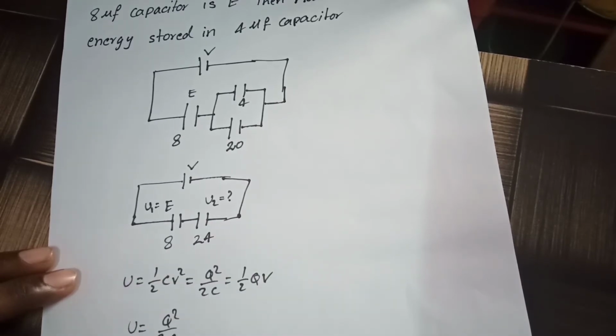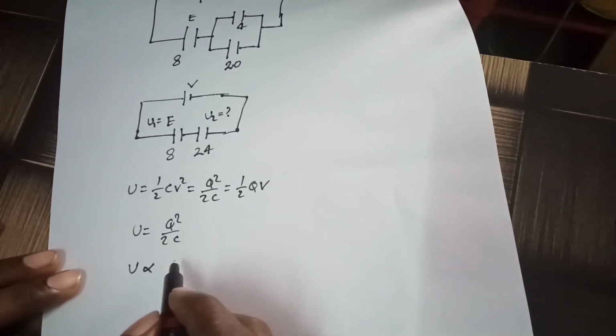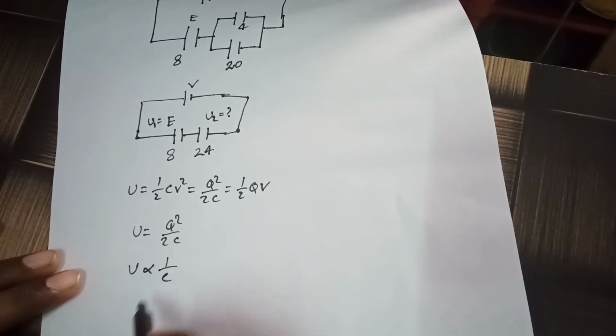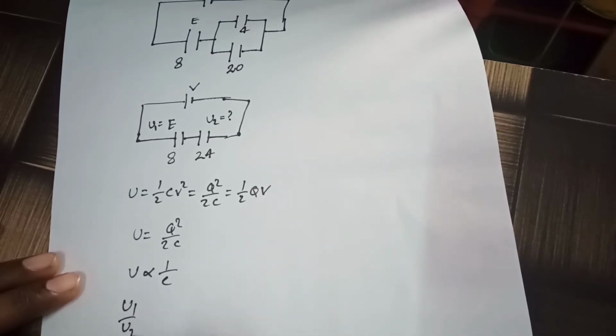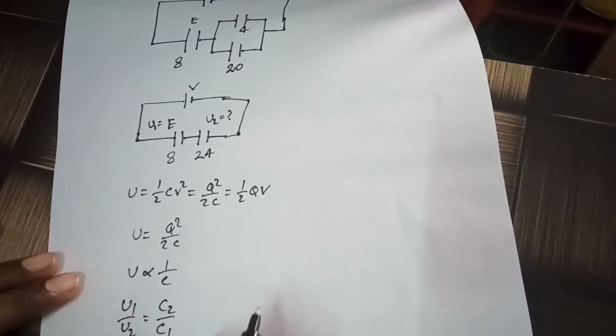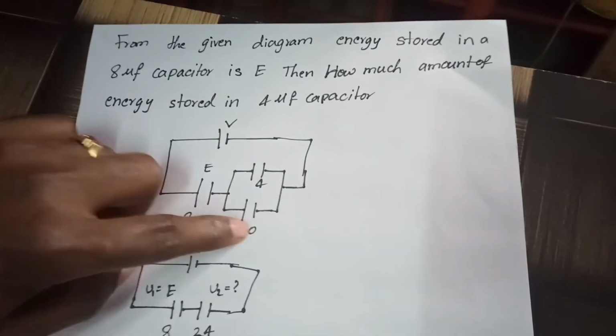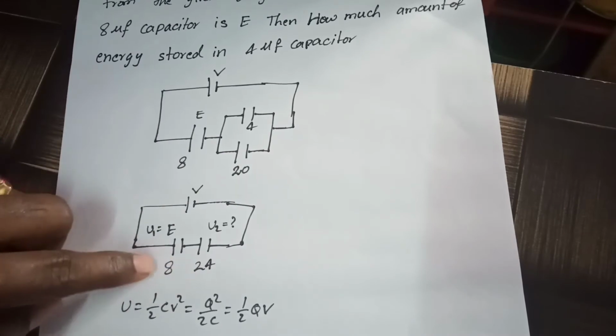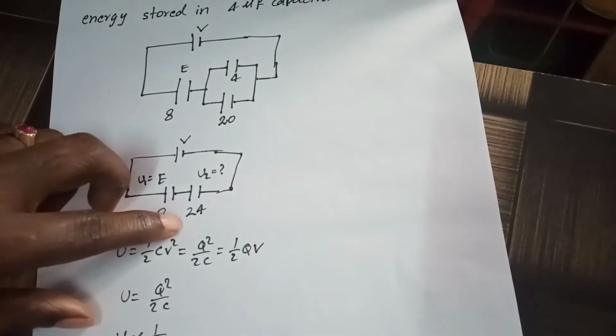From this we can write U is directly proportional to 1 by C, or we can write U1 by U2 is equal to C2 by C1. We know C1 value as 8 and C2 value as 24.